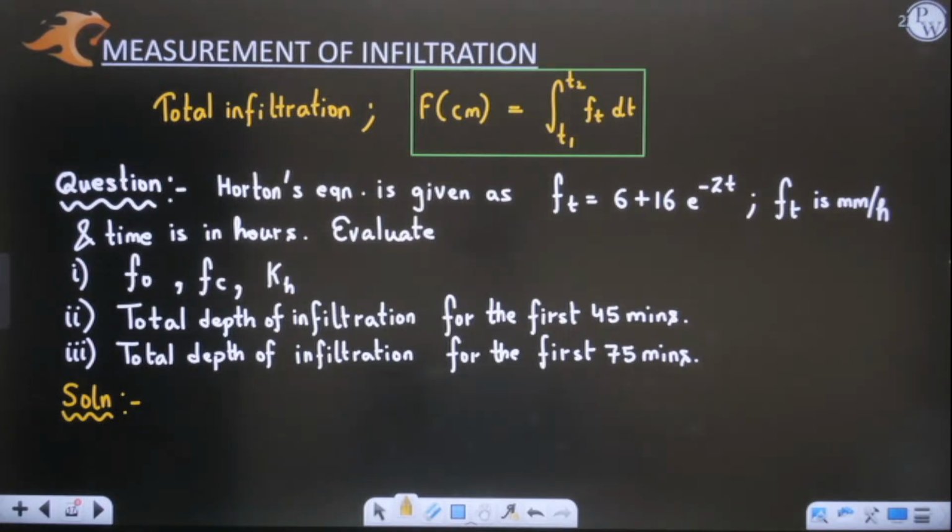Yes, Fc equals 6. That is sure. Now tell what is F naught. Okay, yes. F naught is 22, K is 2. Great. Now find the second part. Yes, you are absolutely correct.